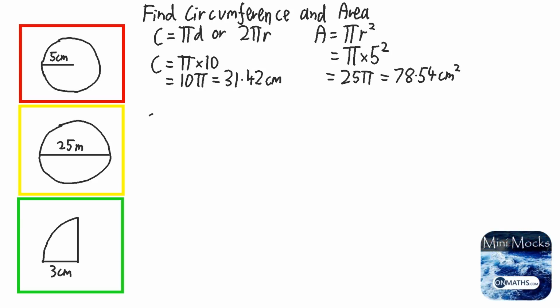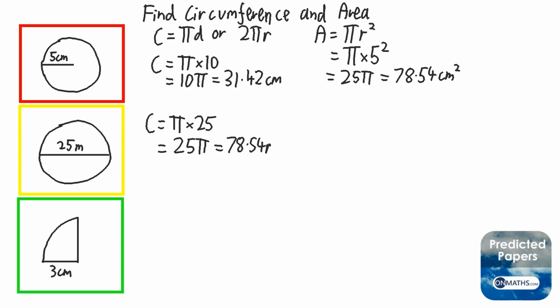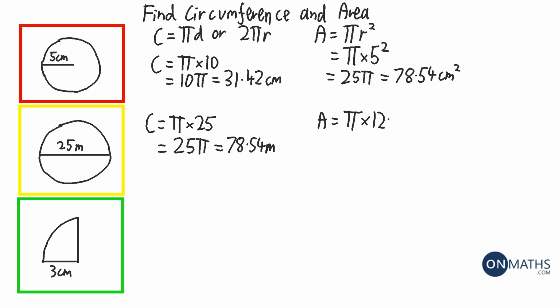So same thing for the next one, but this time we can just use pi times the diameter because we're given the diameter in the question. And so that's either 25 pi or, well, we've already worked that out, haven't we? 78.54, this time meters because circumference is a distance. And the area is pi r squared, so it's pi times 12.5 squared because the radius is half the diameter.